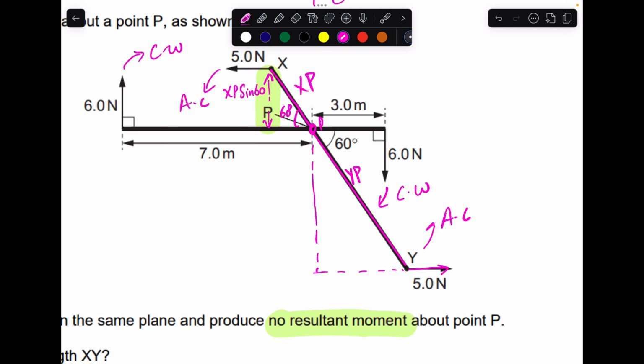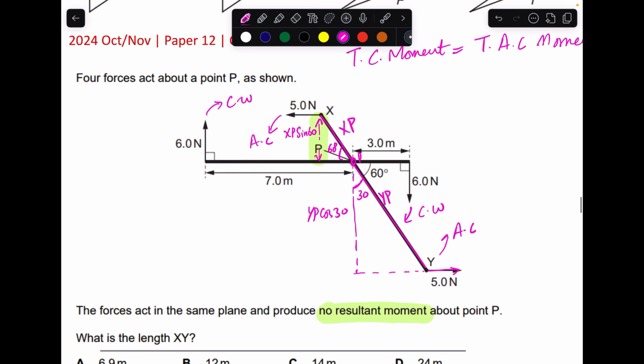So this angle is 60, so this angle will be 30, I can say. Okay, so if this is 30, this will be yp cos of 30. So now I can find the moments.